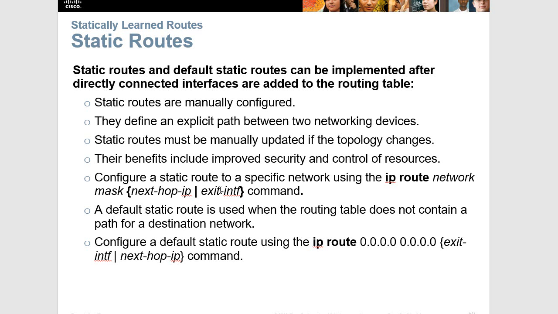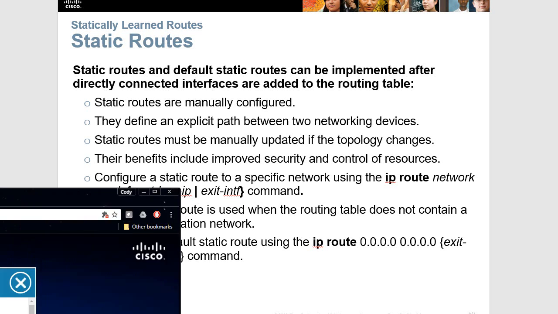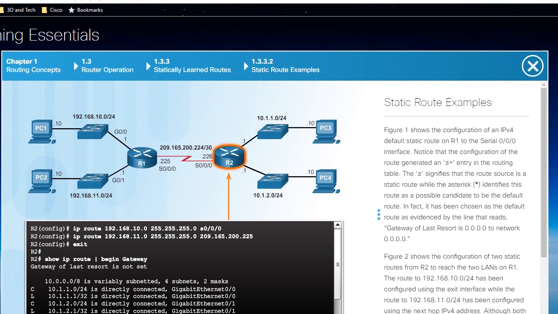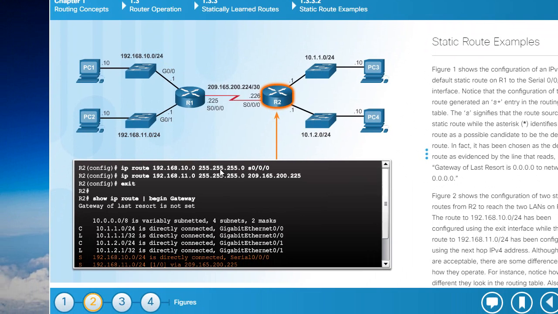So for an example of a static route, let me bring this up over here. Here we go. So here are two different ways you could write in a static route.